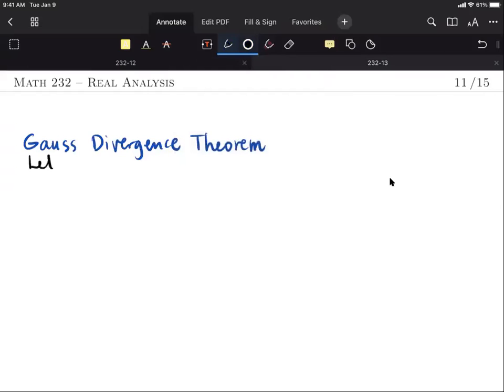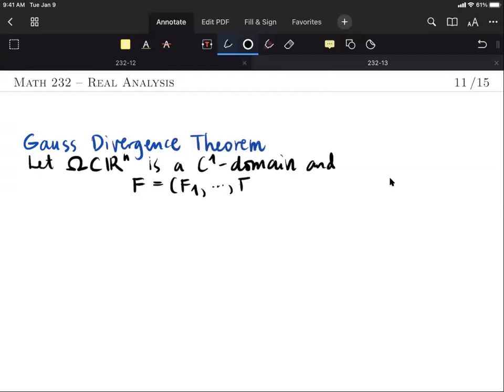So let's start with the assumptions. Again, suppose that omega is a C1 domain as defined previously, and consider a vector field F, let's say with components F1 to Fn, defined on the closure of omega into Rn.